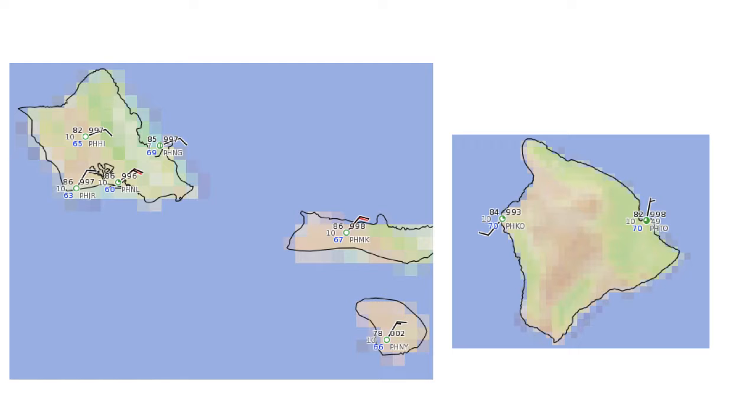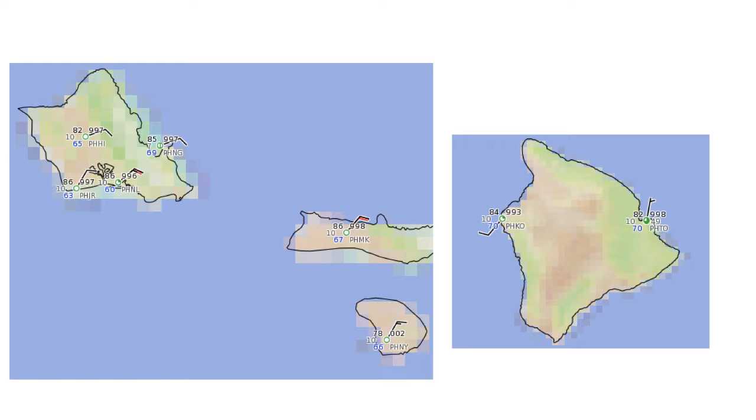PHNL being Honolulu International Airport, the winds are a little bit high, about 15 knots and gusting to about 20 knots. Same with Molokai, where winds are at 10 knots, gusting to 20 knots as well. But relatively, the Hawaiian Islands are pretty clear.